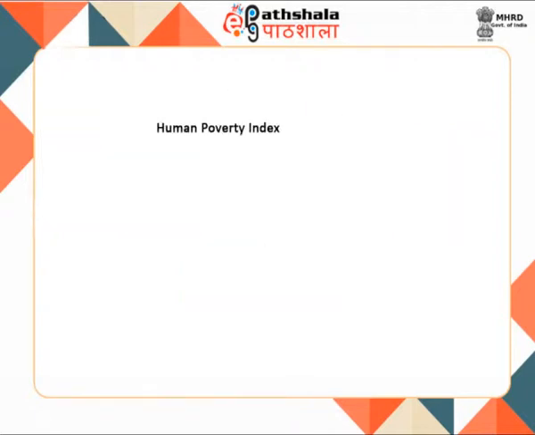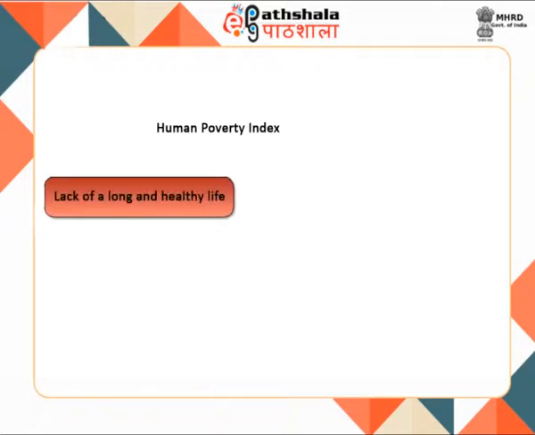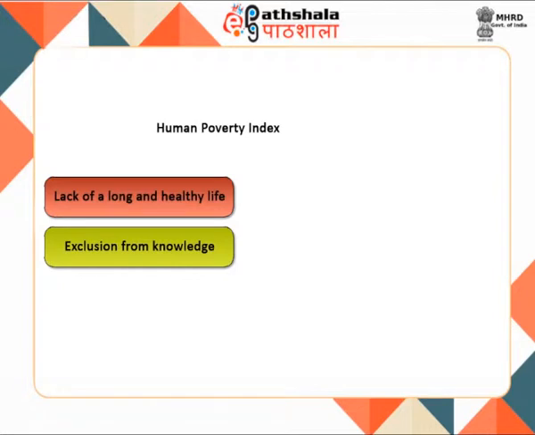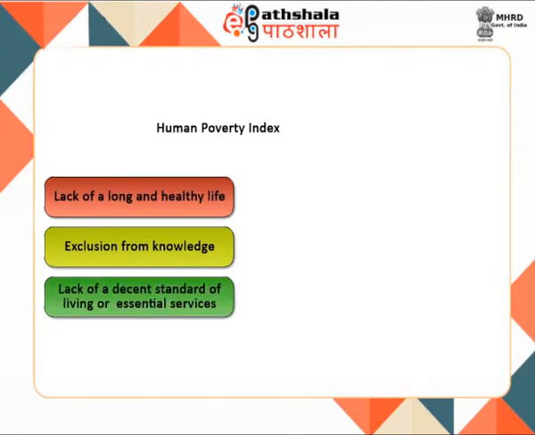Human Poverty Index. It looks at deprivations in three basic dimensions: lack of a long and healthy life, as measured by the probability of not surviving past the age of 40; exclusion from knowledge, as measured by the adult literacy rate; and lack of a decent standard of living or lack of essential services, as measured by the percentage of the population not using an improved water source and the percentage of children underweight for their age.